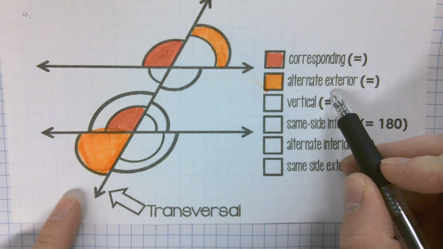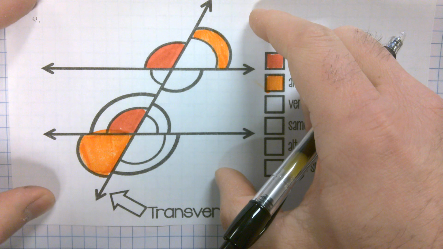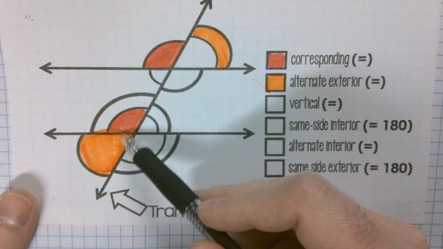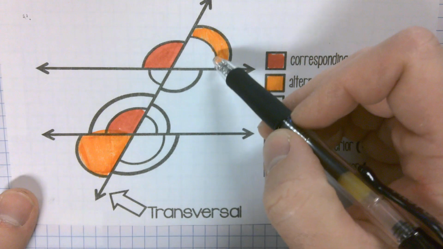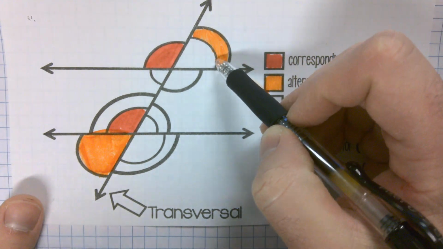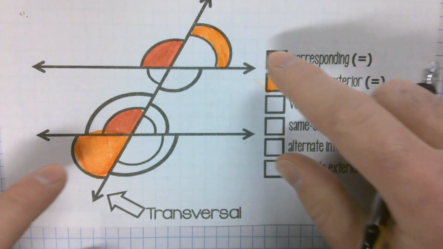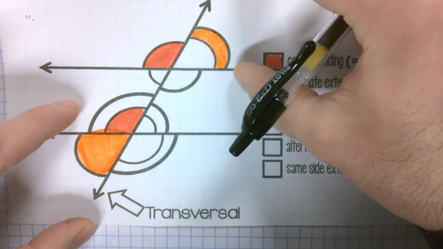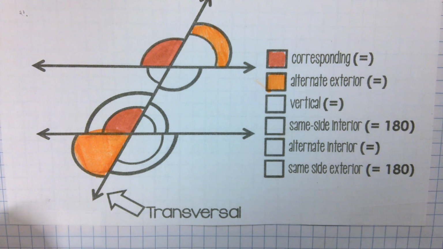And exterior means that they're on the outside space of my parallel lines. This bottom orange angle is below my parallel lines. This top orange angle is above my parallel lines. So we can see that these are alternate exterior angles.